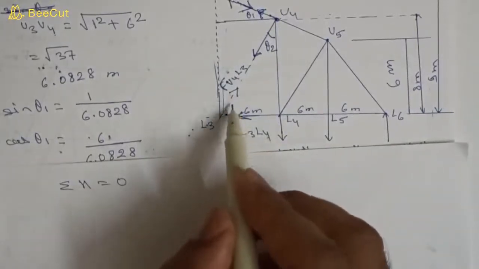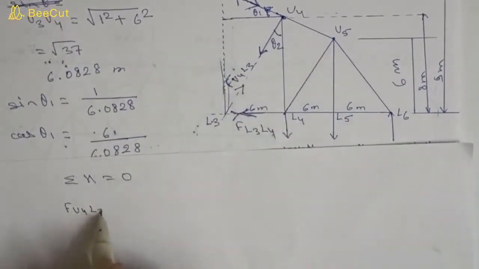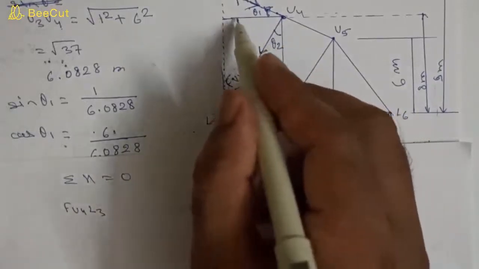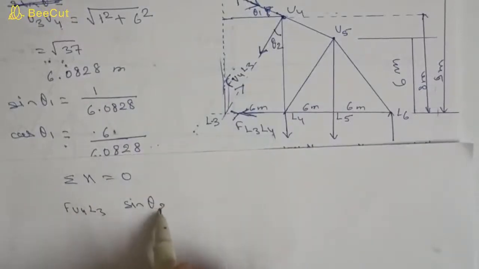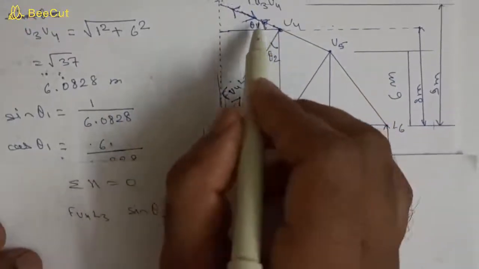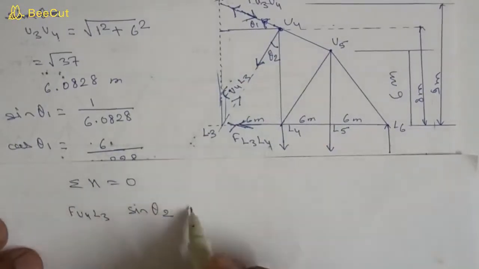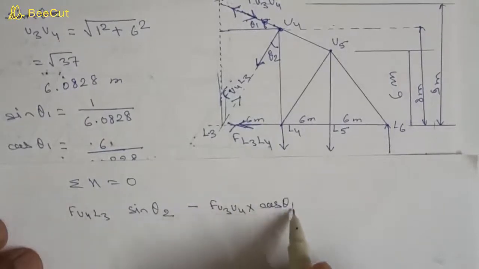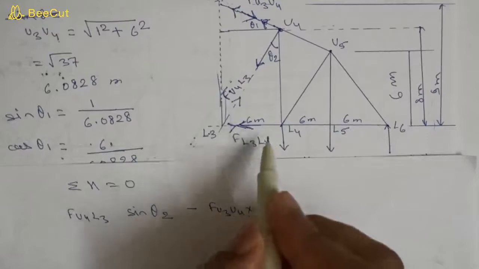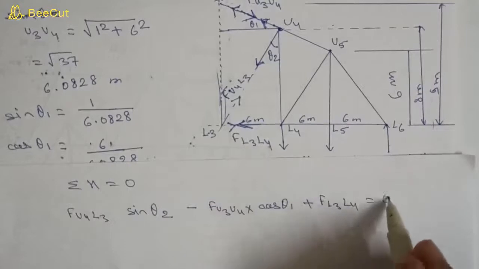One force will be the horizontal component of this F U4 L3, which will be sin theta 2, and one component will come from F U3 U4 into cos theta 1, minus F U3 U4 into cos theta 1, and this force F L3 L4 is equal to 0.